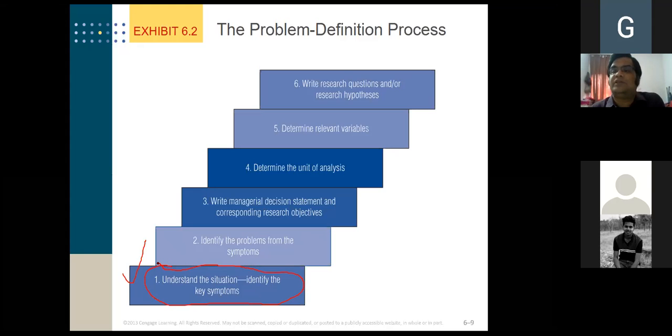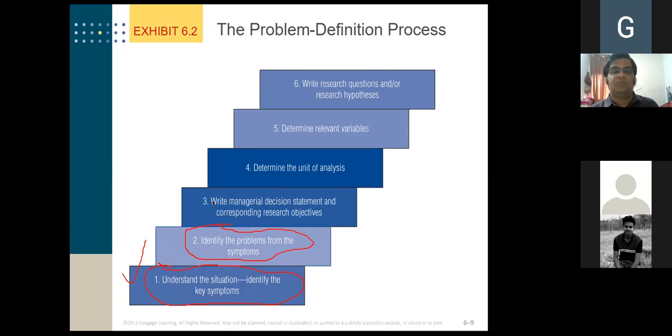Why are recruitment costs high? Identify the key symptoms, right? And then identify the problem from the symptoms. These are the first 2 steps and the fundamental steps. We will find the problem and then go to the next steps, right?